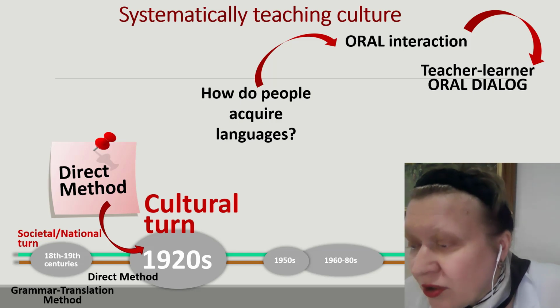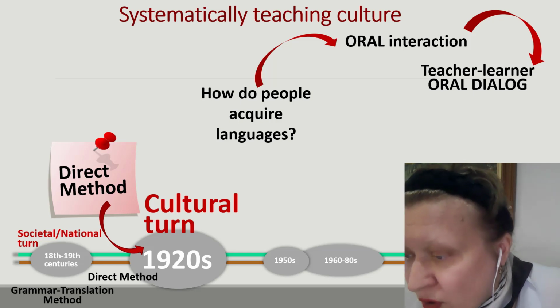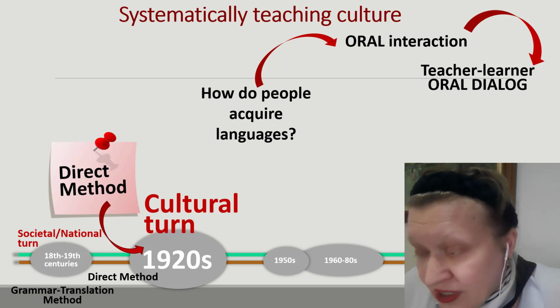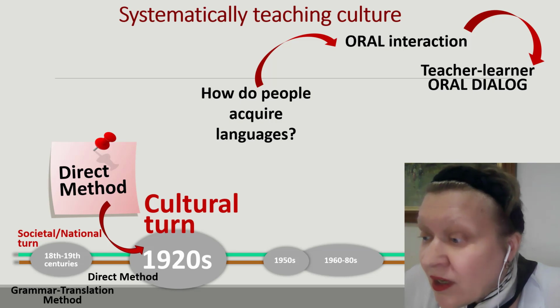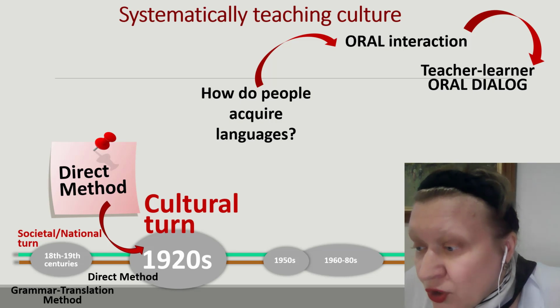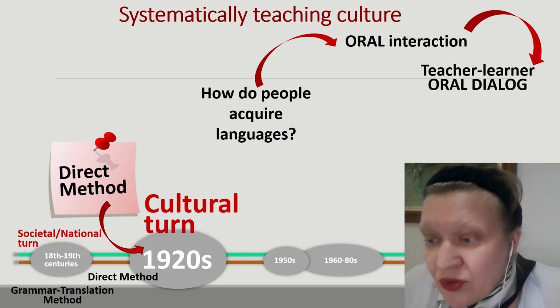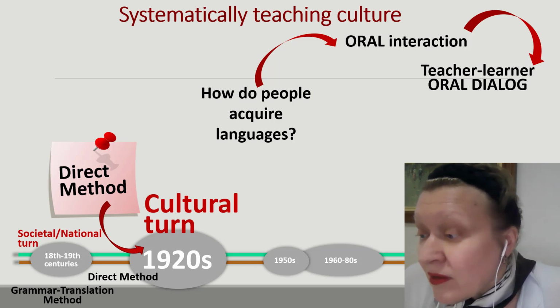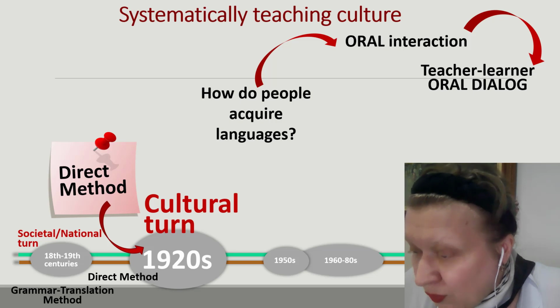This methodological orientation toward real-life oral communication led to reviewing the role of culture in the second language classroom. The cultural component should not be reduced to reading and translating literature masterpieces, as was often the custom before.